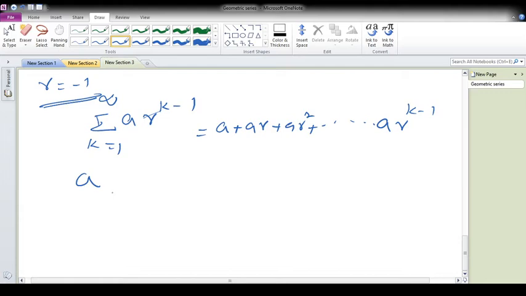The second term is ar, which is a times minus 1, so minus a. Next is ar², a times (minus 1) squared, so a. Next is ar³, a times (minus 1) cubed, so minus a. Next is plus a, next is minus a, plus etc.